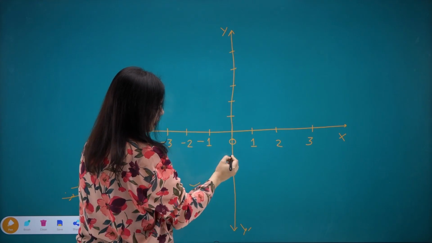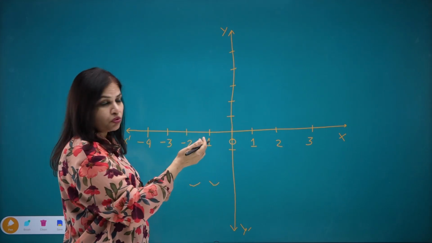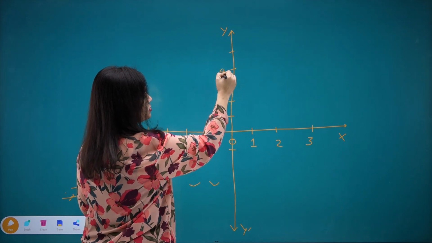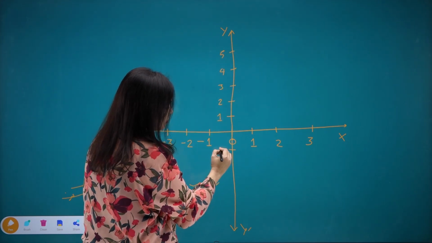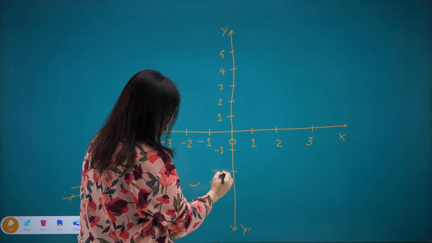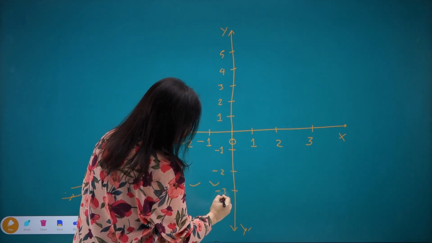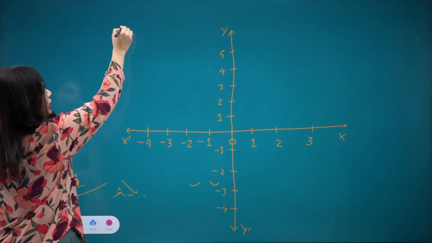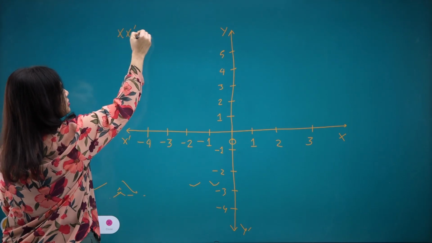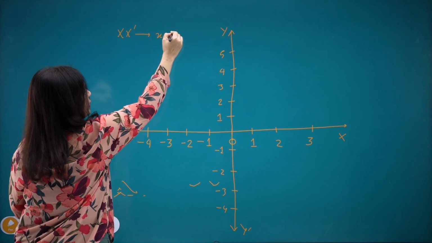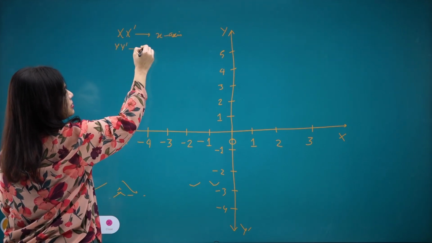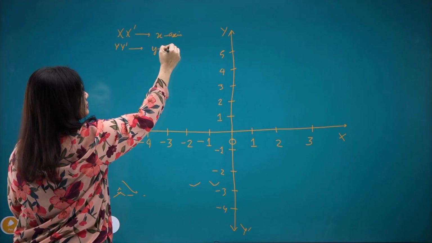This part of the y-axis, above the origin O, will have all positive values, and below the origin, the vertical number line will have all negative values. So x dashed is my x-axis, y dashed is my y-axis.